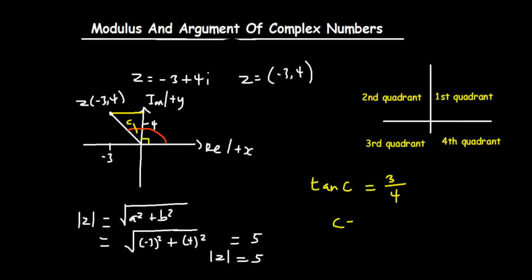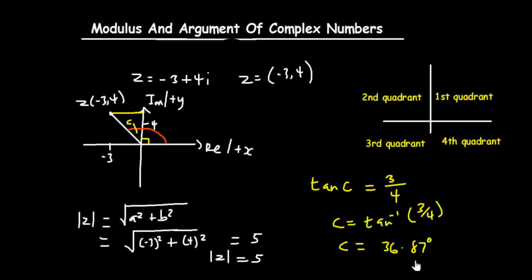Okay, so C will be equal to the tan inverse of 3 over 4. So let's see what we get for that. Okay, so you got C to be equal to 36 point, let's make it 87 degrees.